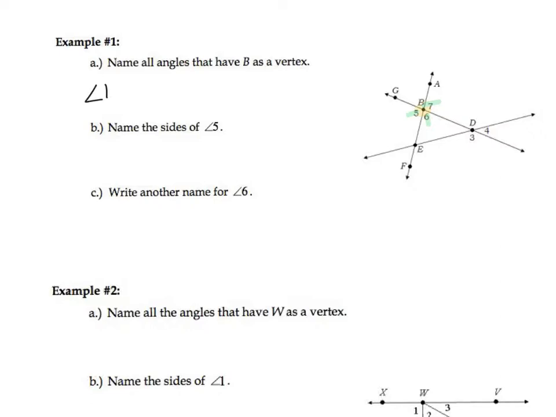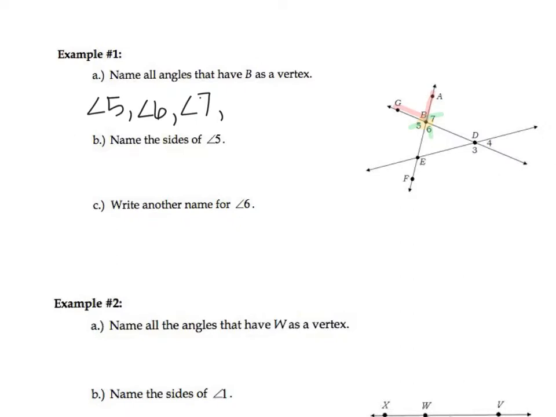We have angle 5, angle 6, and angle 7. But those aren't the only 3. We also have one more angle right here with a vertex of B as well. There's no number there, so I'm going to name it with 3 letters. I'm going to use angle GBA.